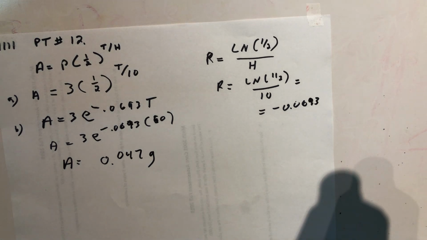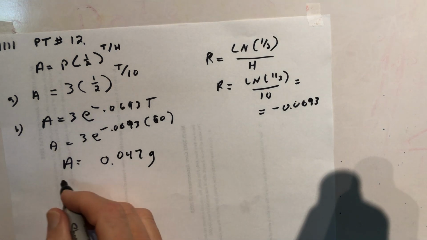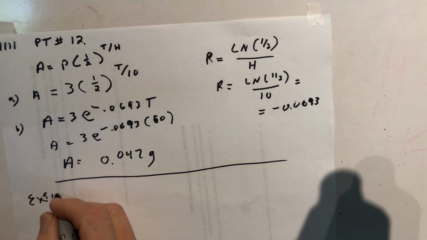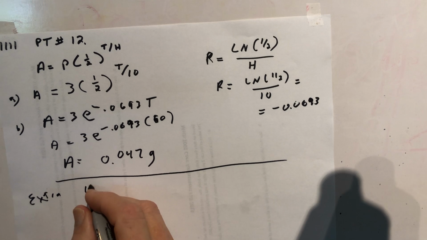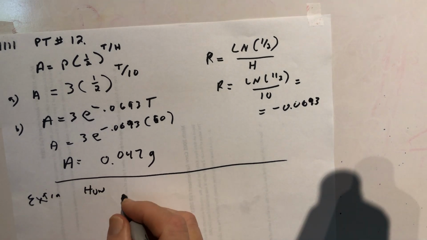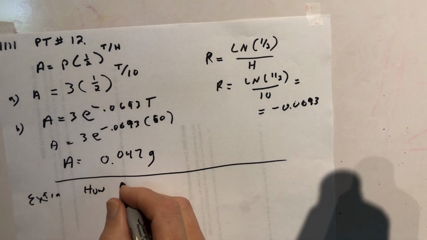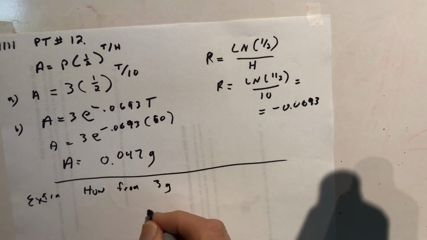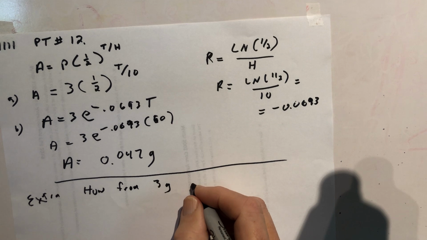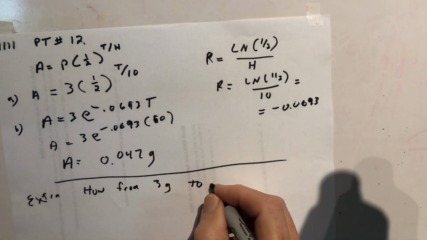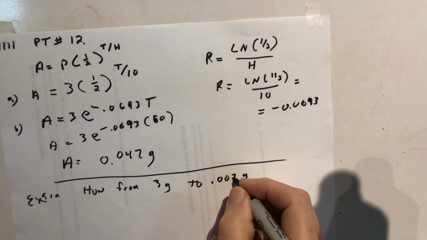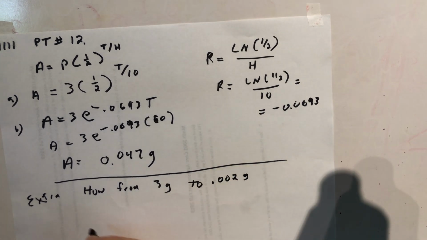All right, let me do one more problem here that's not in the book. This is going to be extra, at no charge. How long from 3 grams to 0.002 grams? How long will it take?